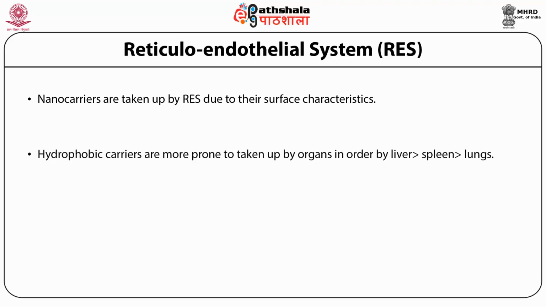Hydrophobic carriers are more prone to be cleared by the RES in an order of liver, spleen and lungs. That is, the liver is the major site in which RES clears the hydrophobic carriers in comparison to spleen and lungs.